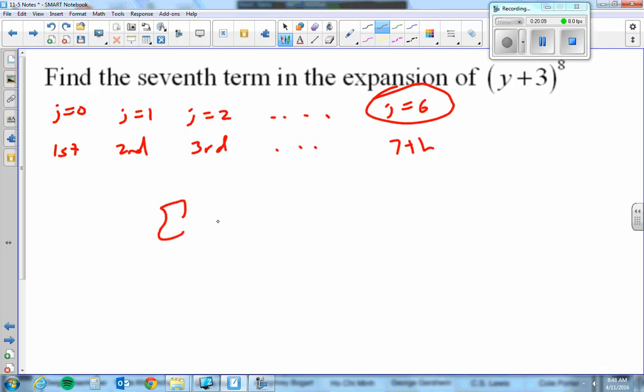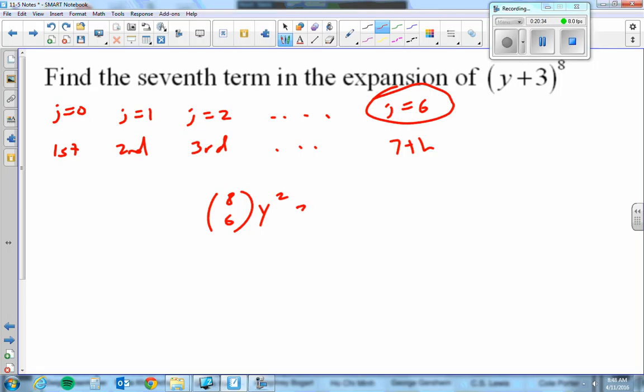So here, let's set it up. Actually, we don't need this whole thing because we just want the one term. n is 8, so it's 8 choose 6, because we determined we're using 6. And then y to the power of what? 2. Isn't this n minus j?